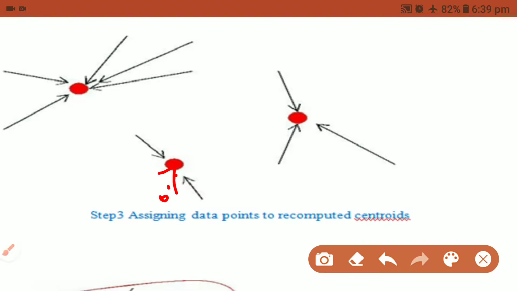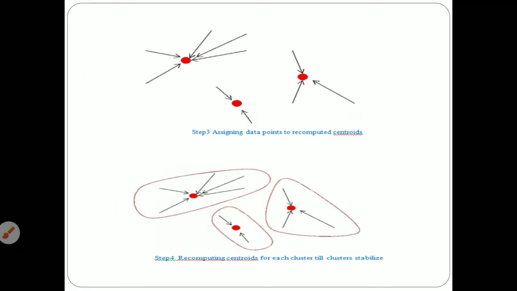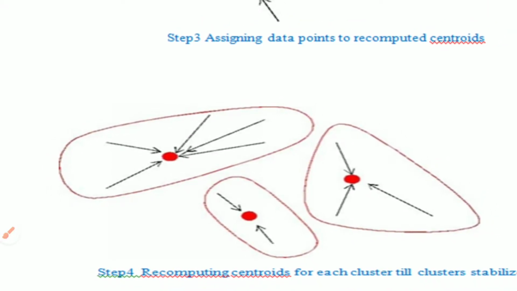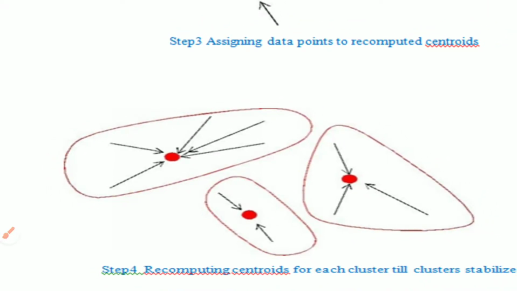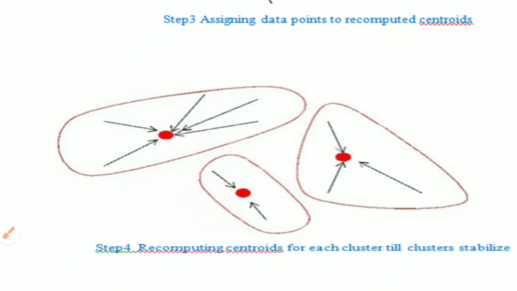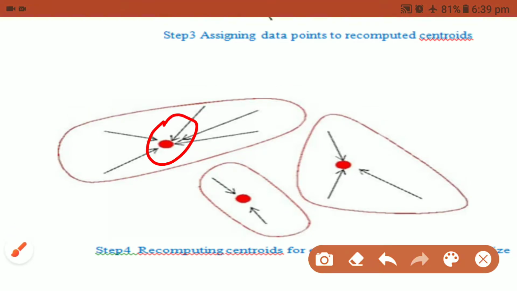So once again all the data points are assigned to the closest centroid and recalculated. Then comes the fourth step: recomputing the centroid for each cluster until the clusters are stabilized. These are all the final centroids. So it will be stabilized or not.